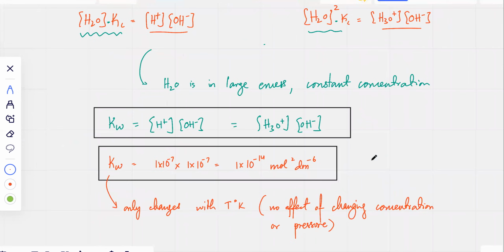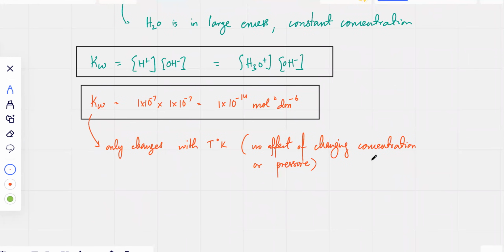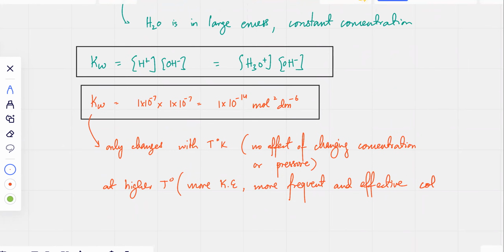So remember that it only changes with temperature, and at higher temperatures you have more kinetic energy and more frequent and effective collisions, so there's going to be more dissociation.